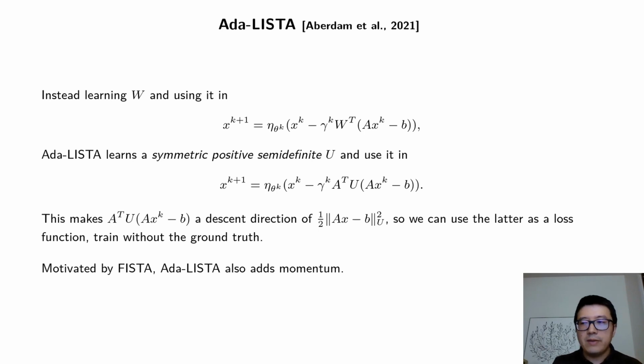You can just train with the existing measurement data without knowing the true signal. In addition, this paper also considered Polyak momentum added to their iteration. There's going to be some kind of extra term which depends on xk minus xk minus 1 with some parameter in front.